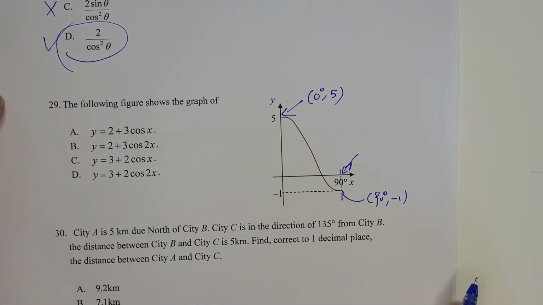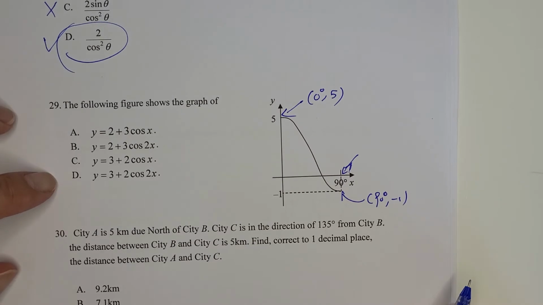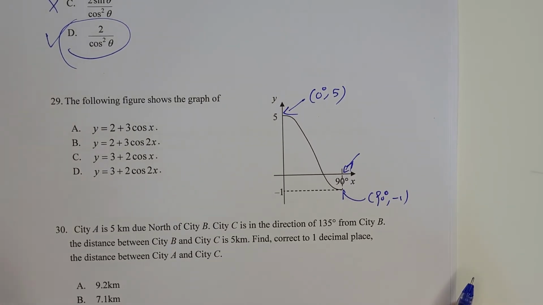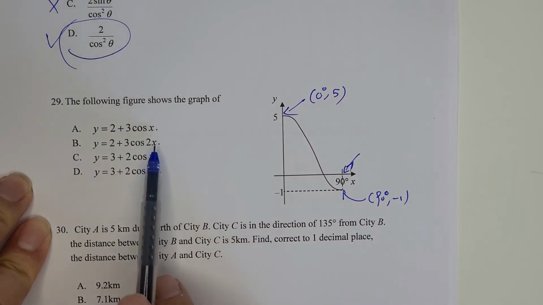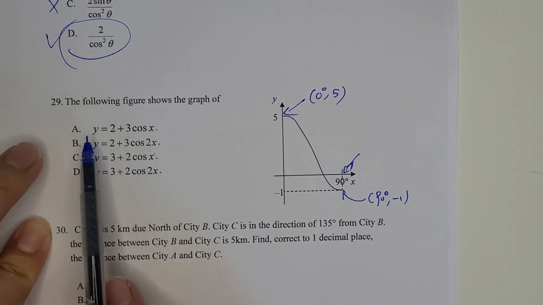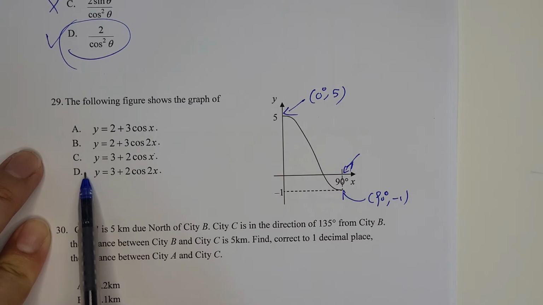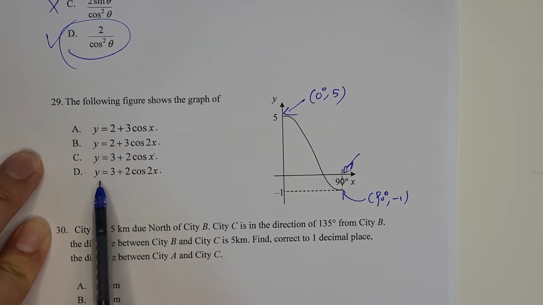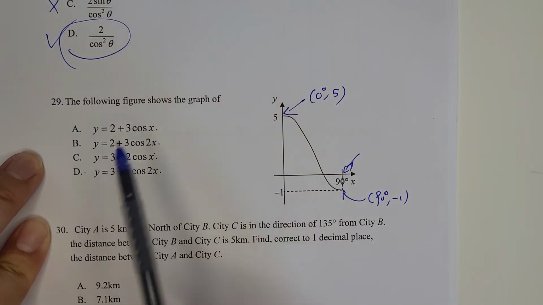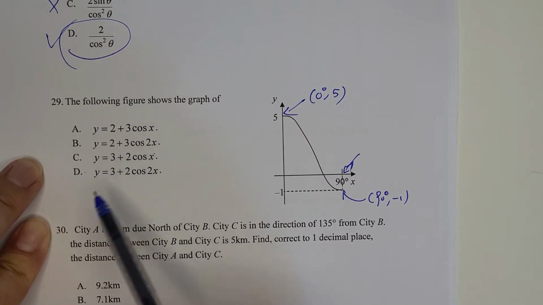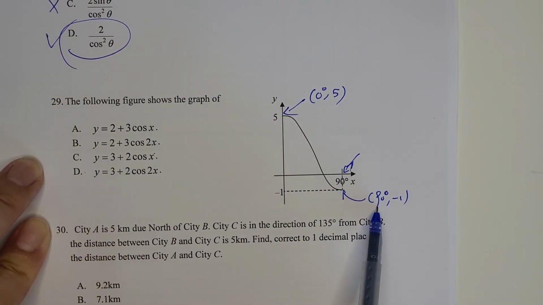So try to substitute these 2 points in the option A, B, C, D to eliminate, to remove, okay, all unwanted answer. You can see when you substitute x equal to 0, then A, B, C, D, you will all get the answer 5. So you substitute this point, you cannot eliminate the unwanted answer. So we substitute second point.